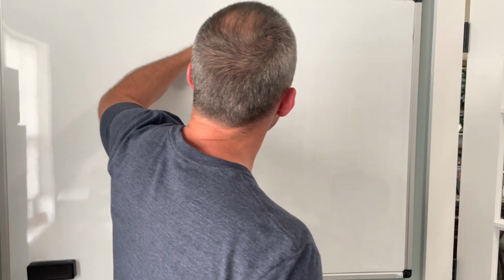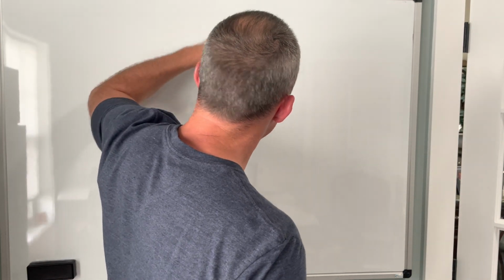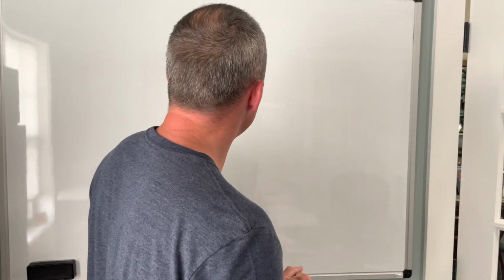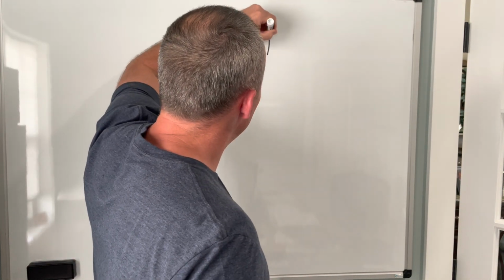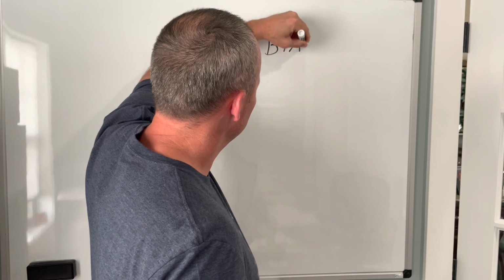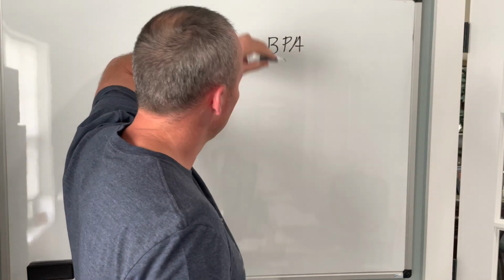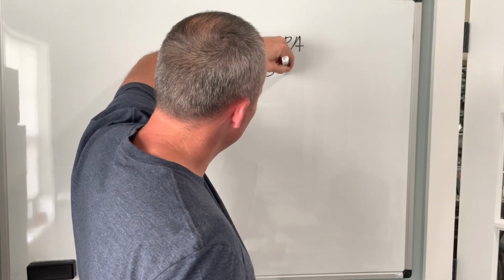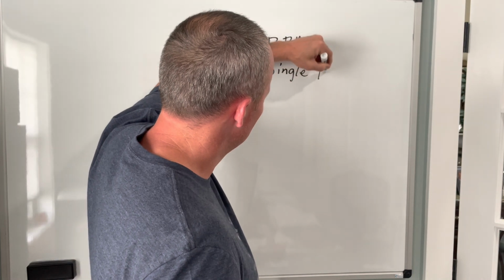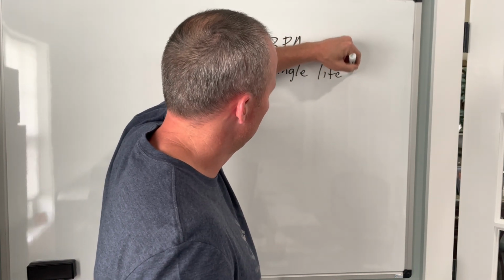But the following year and subsequent years, it's based on the single life IRS table. Okay, so we're talking about BPAs, beneficiary participant account, and we're using the IRS single life table.